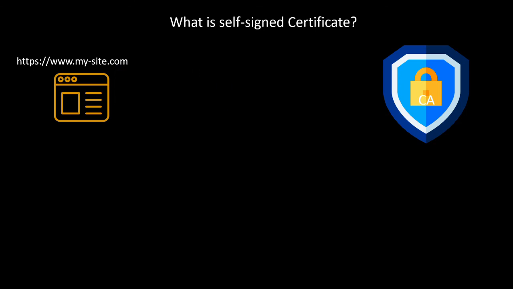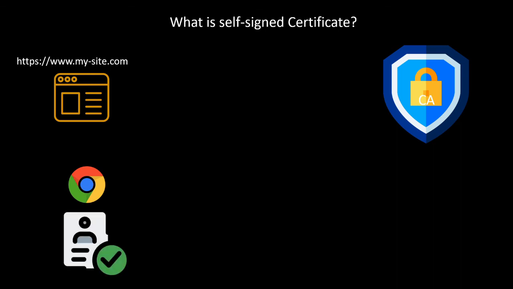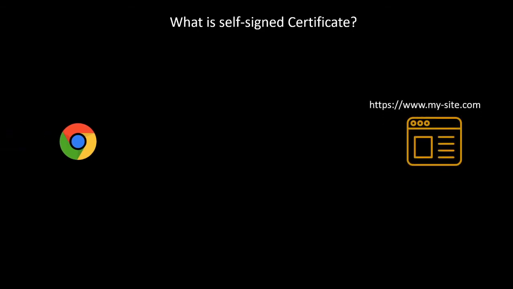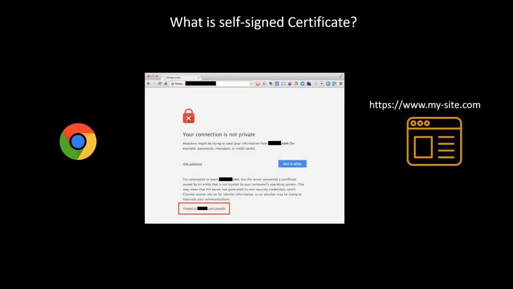The browser does not have these locally signed certificates. It shows a not secure sign with warnings. As this is local server communication, it is up to you to proceed ahead with it. If you proceed ahead, the browser will treat it as an unsafe communication.